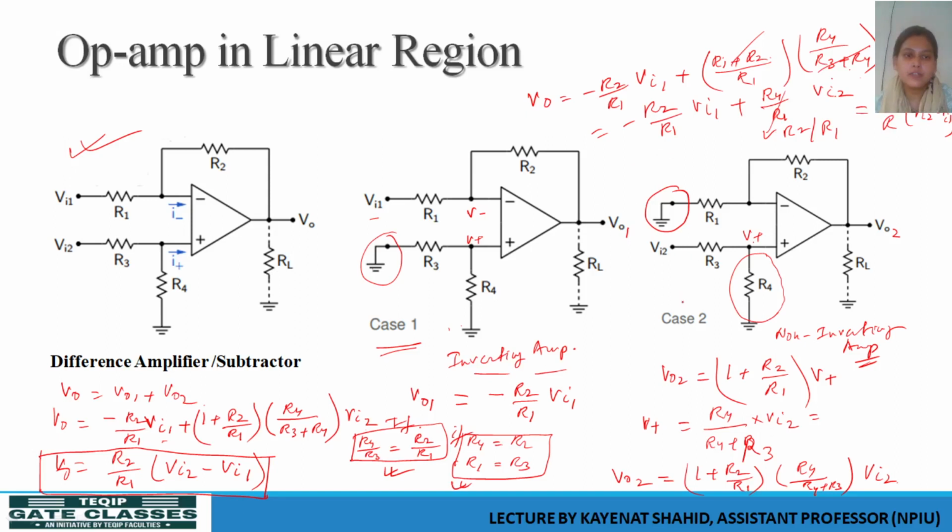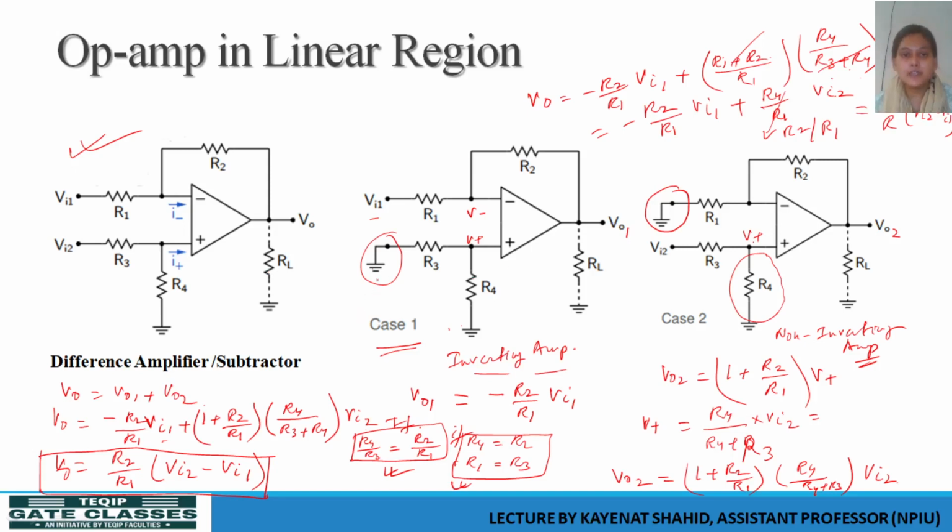So what we have done here is that this circuit can be broken into two circuits, case 1 and case 2. For a linear application, we can use the superposition theorem.